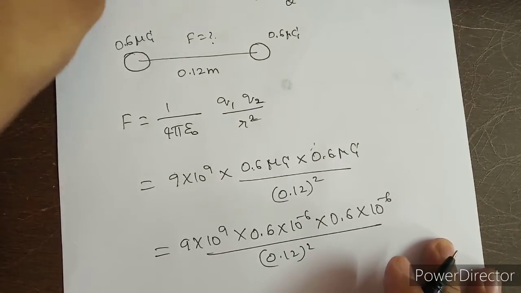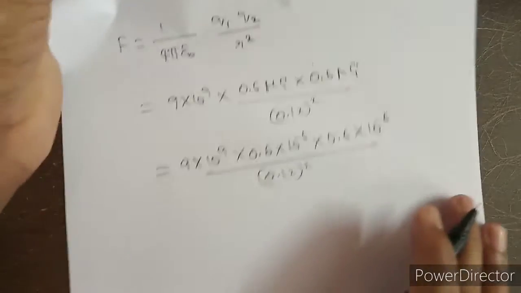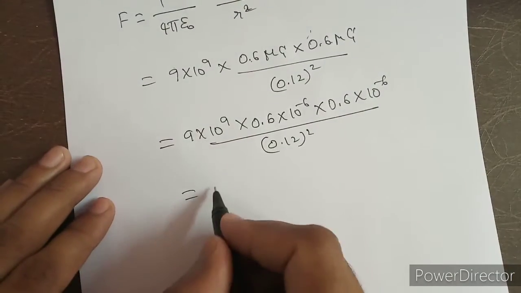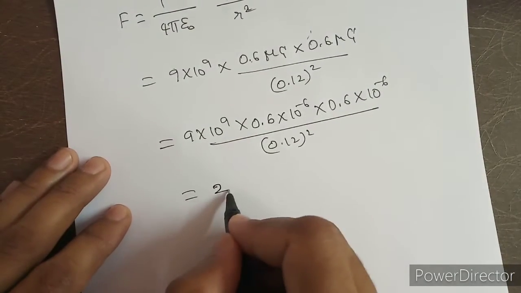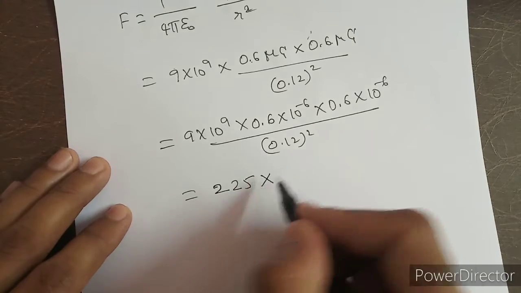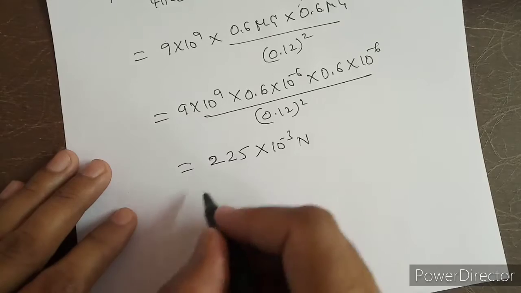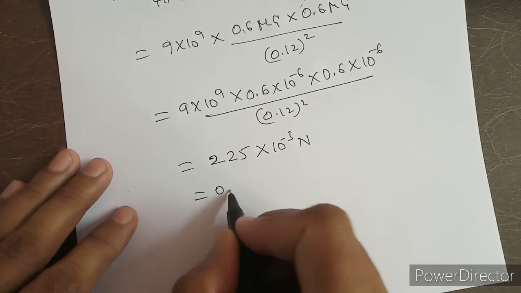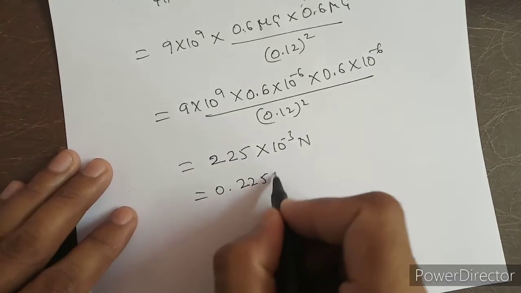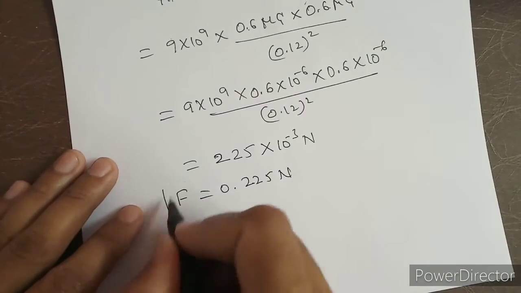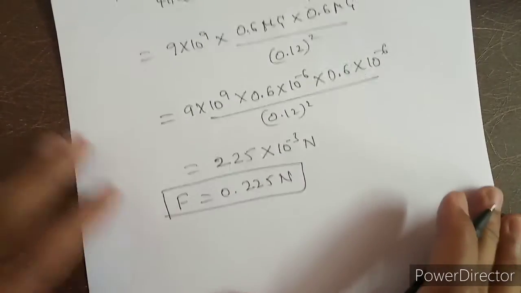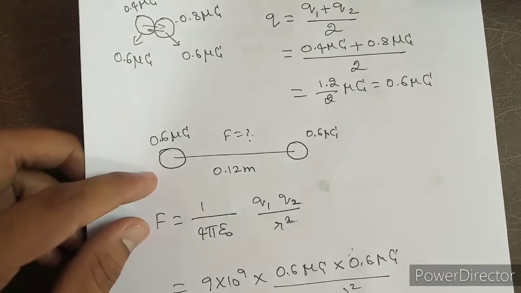And if we solve for this, you will get somewhere around 225 into 10 to the power minus 3 Newton. Then that is equal to 0.225 Newton. So this is the force between two charges in the second case. Okay, this is the second case.